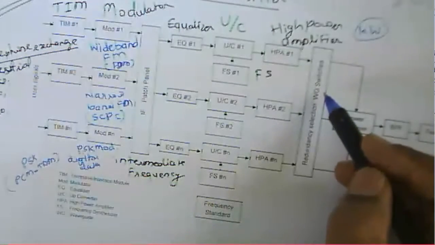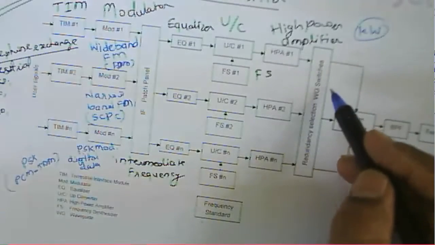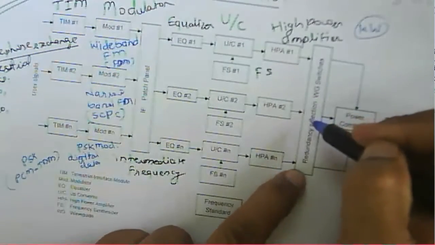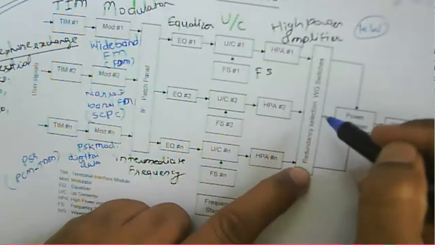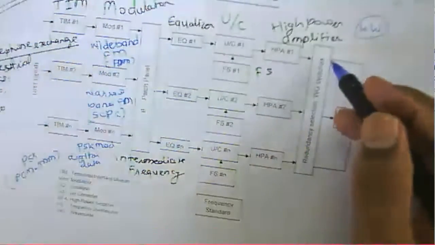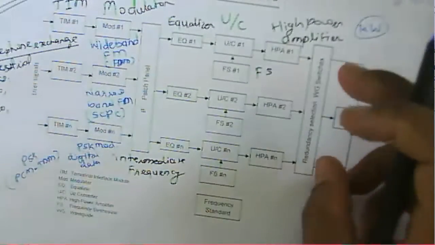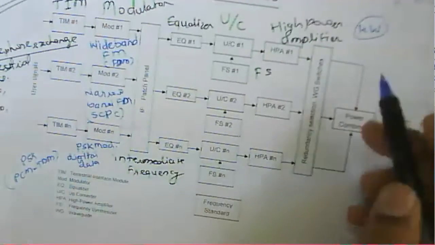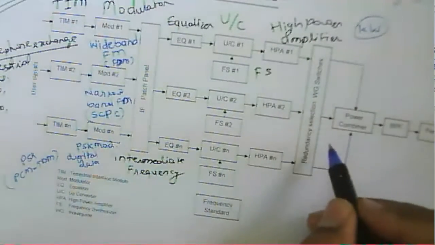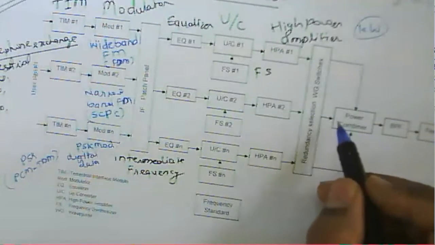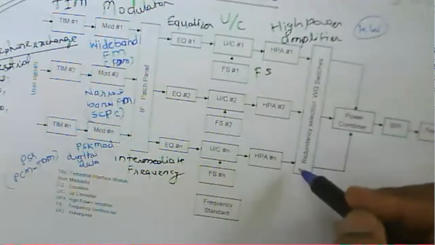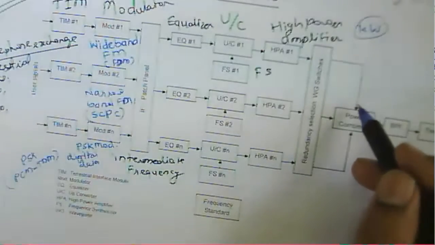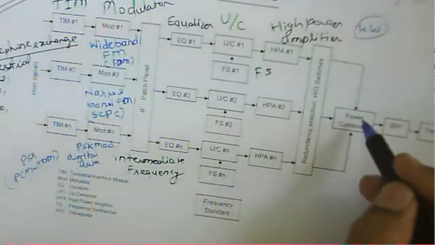They will select whichever transmit chain is used, or will be used to reject whichever harmonics are generated. Then the output is combined through this high power combiner.